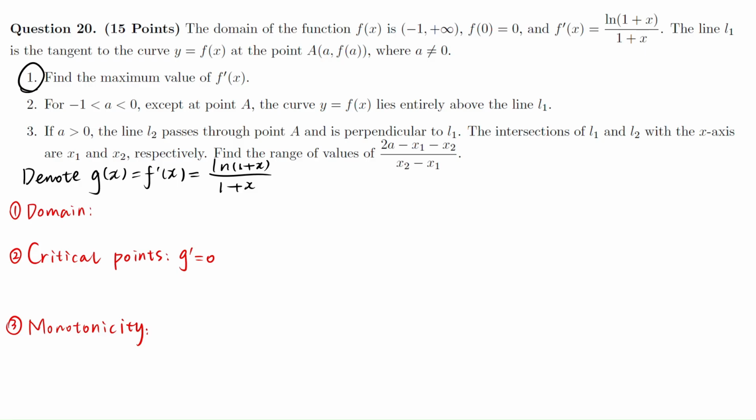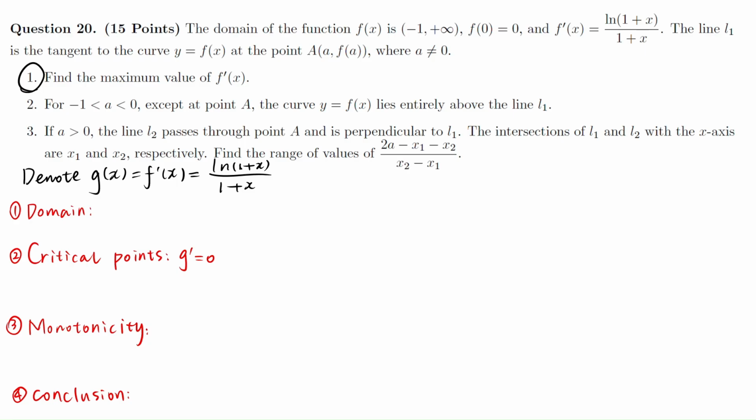And the final step is the conclusion. We can give a conclusion to what exactly the value is. So these 4 steps form the general process of finding the maximum value, the minimum value, or boundary value of a function. With these 4 steps, let's fill them out to really solve this problem.